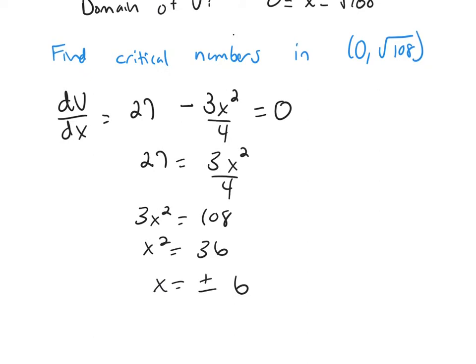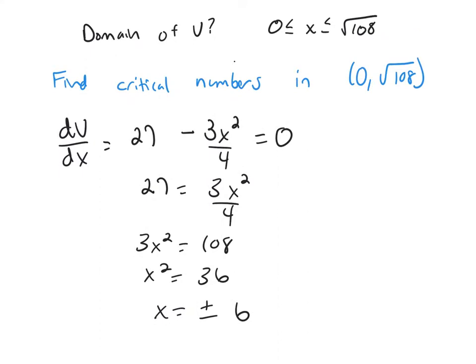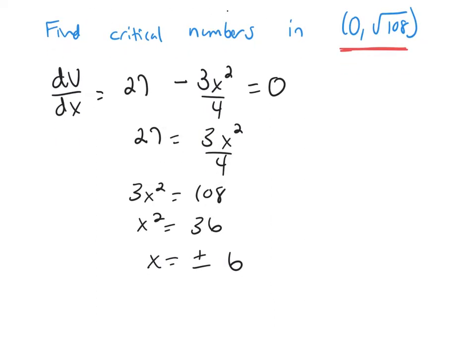Now it doesn't make sense for x to be negative 6. Remember, we're looking at this interval here, and negative 6 is outside of it, so we're going to toss out negative 6. Now, I found my critical number, but I need to know that this is actually going to give me a maximum. So to do that, we're going to look at our sign chart. We said 0 to square root of 108, and here's 6 on here.